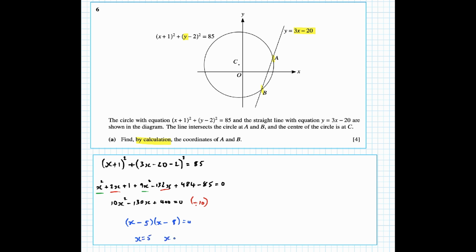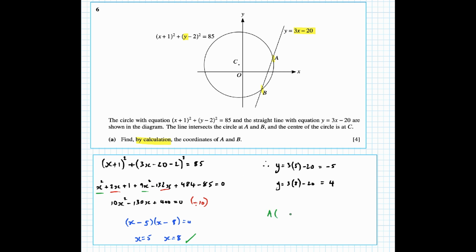So your x coordinates are 8 and 5, in whatever order you want. And then you can substitute back into the easiest one, I suppose, the straight line equation. So you'll get y is equal to 4 from 3 times 8 minus 20, and y is equal to minus 5 from 3 times 5 minus 20.